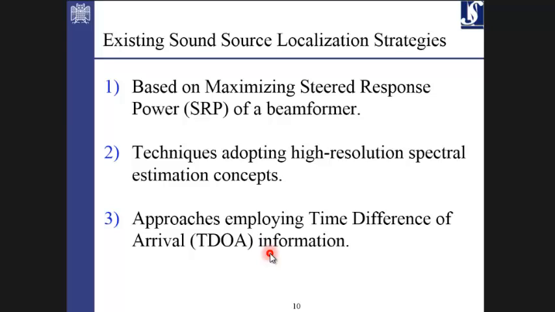So they're not applicable in our case. And another series of methods are called the TDOA estimation methods, or time difference of arrival estimation methods. They try to estimate the time difference of arrival between every two microphones, and then based on that time difference they try to find out the location of the source.